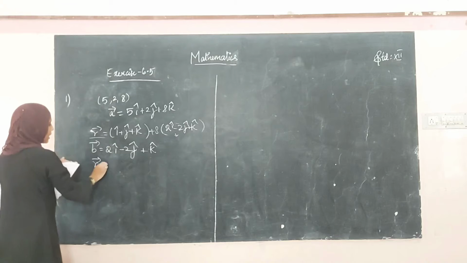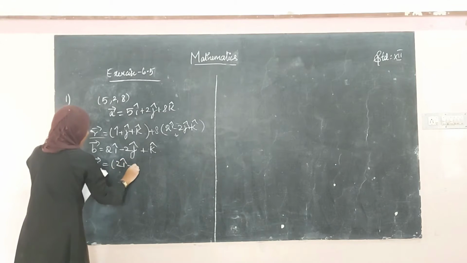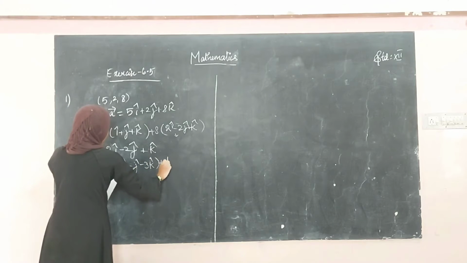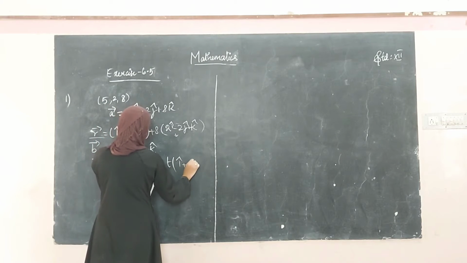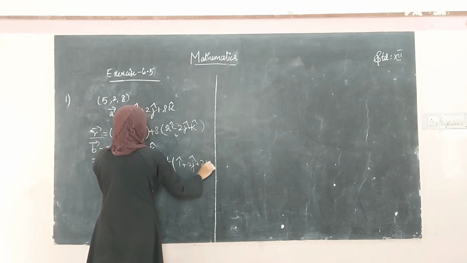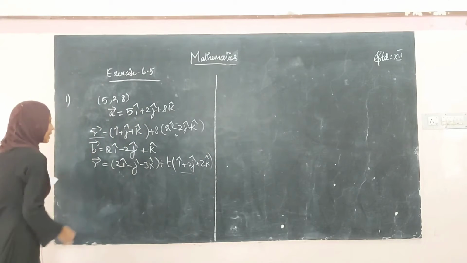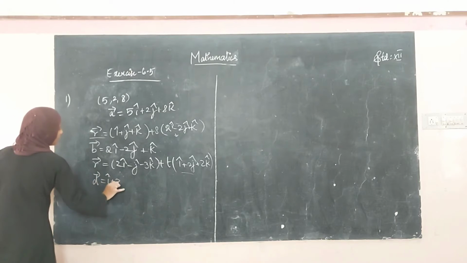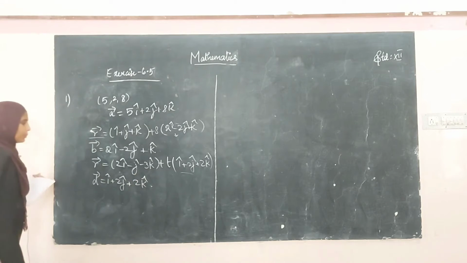This is one straight line and another straight line is 2 i cap minus j cap minus 3 k cap plus t into (i cap plus 2 j cap plus 2 k cap). So, from this it is clear that this is another perpendicular. So, let us take that as d vector. d vector is equal to i cap plus 2 j cap plus 2 k cap.